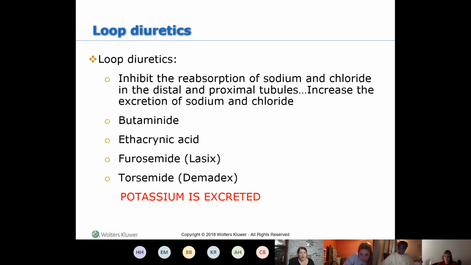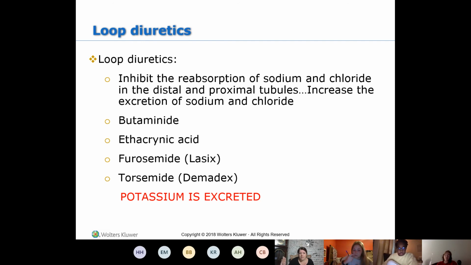The way that they work is that the medication causes your body to inhibit the reabsorption of sodium and chloride. So if it's inhibiting the reabsorption back into the body, that means it's pushing it for excretion, and then the urine is following.